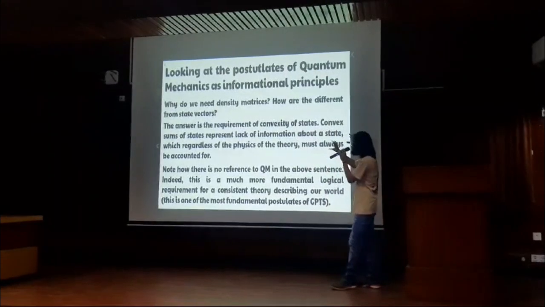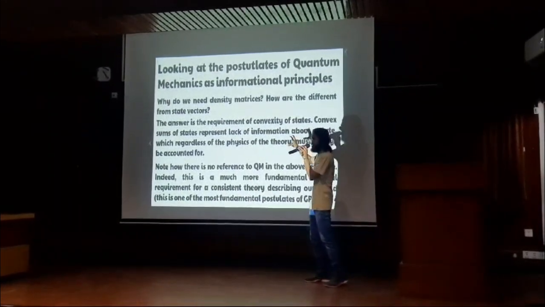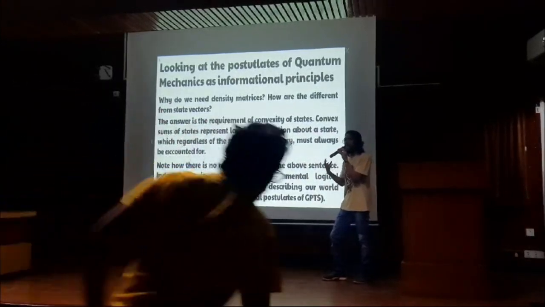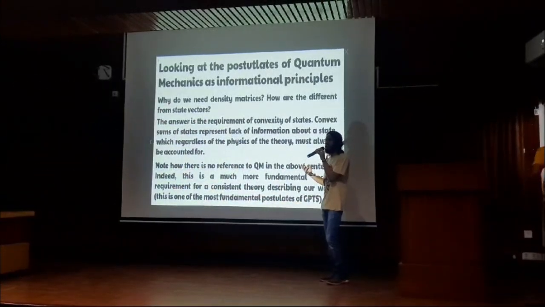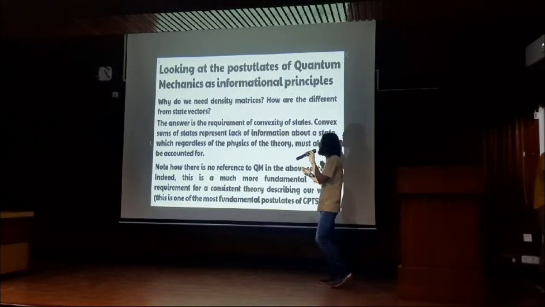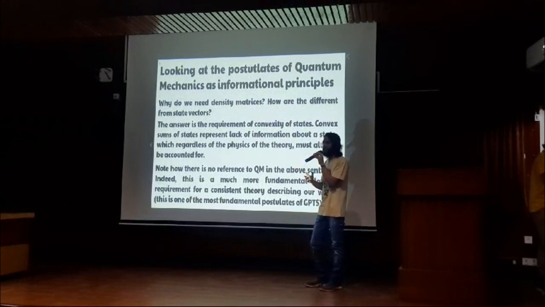So the reason for that is that we require, logically speaking, that our physical theories satisfy a property known as convexity. And convexity is essentially, in simple terms, let me illustrate with an example, right?